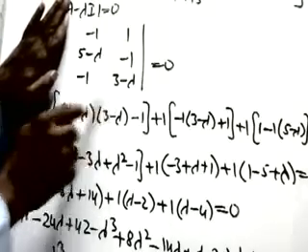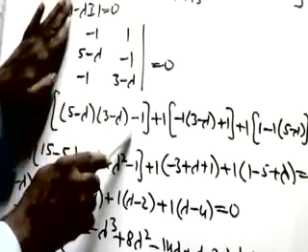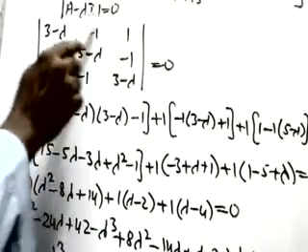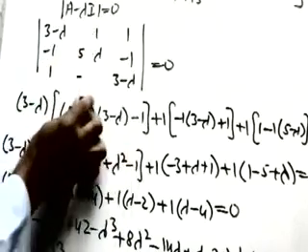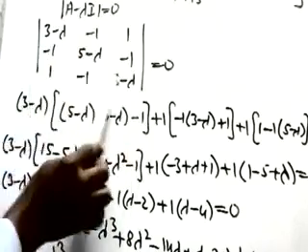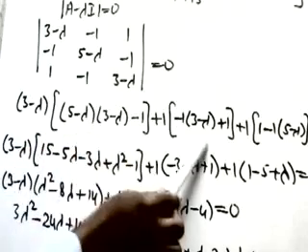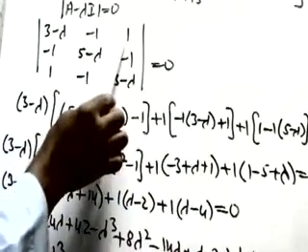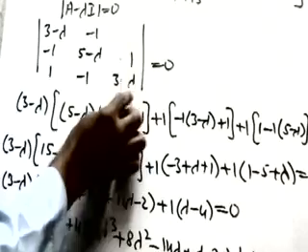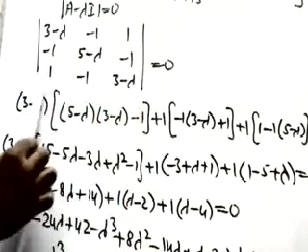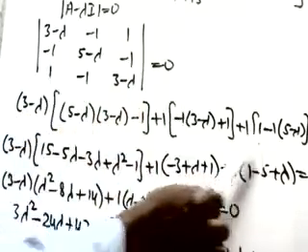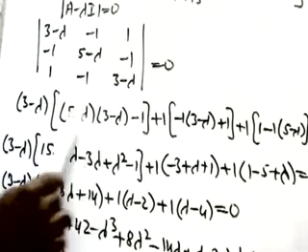First write 3 minus lambda into this into this minus this into this. Now always change the sign. This is minus 1, so write plus 1, times minus 1 into 3 minus lambda. Lastly, 1 into minus 1 times minus 1, which is plus 1, into 5 minus lambda.